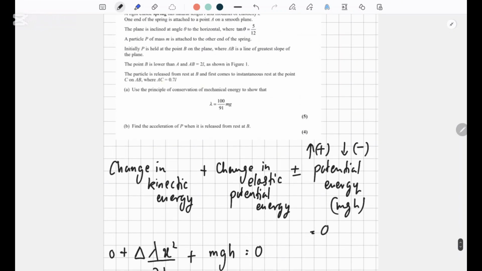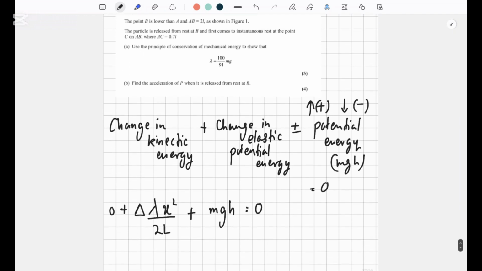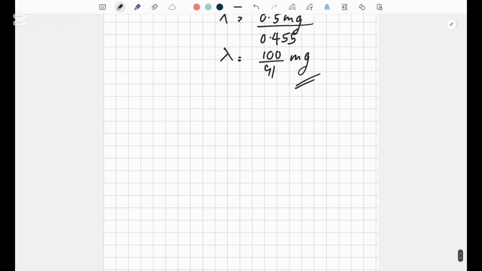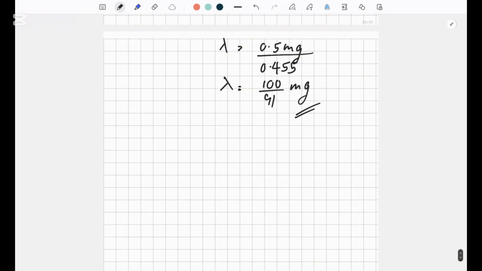And then for part B, they say find the acceleration of P when it's released from rest at B. So for the acceleration, I'll draw a small diagram. At point B, we have the tension acting up the slope and the weight acting downwards. This is your angle theta.